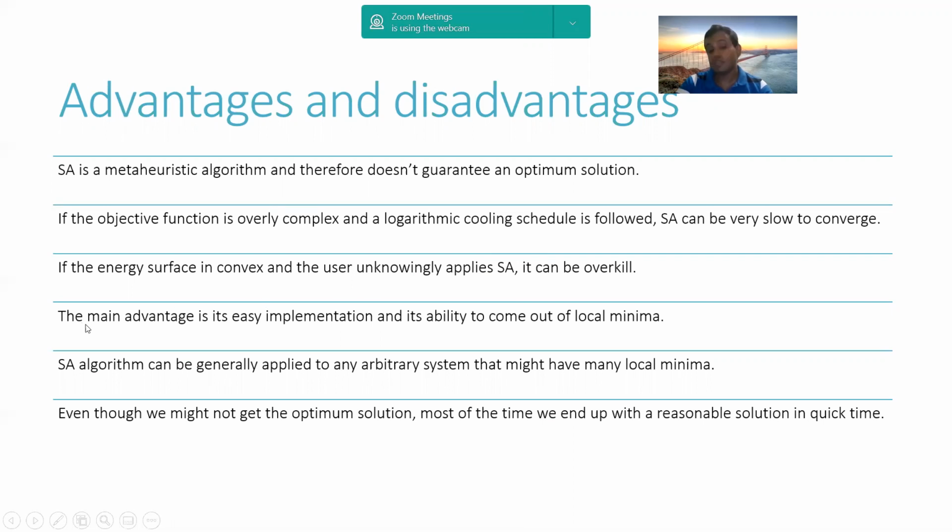The main advantage of this method is that it is very easy to code up using any programming language. Very quickly we can code this up, so it is easy to implement, and it can very easily skip local minima. And even if our energy landscape has rampant local minima, we can still in general apply this method without any problem.